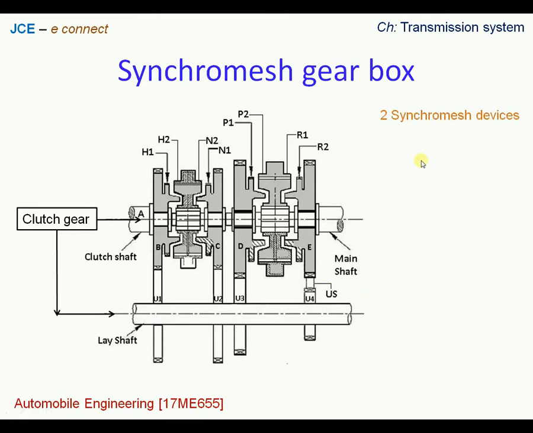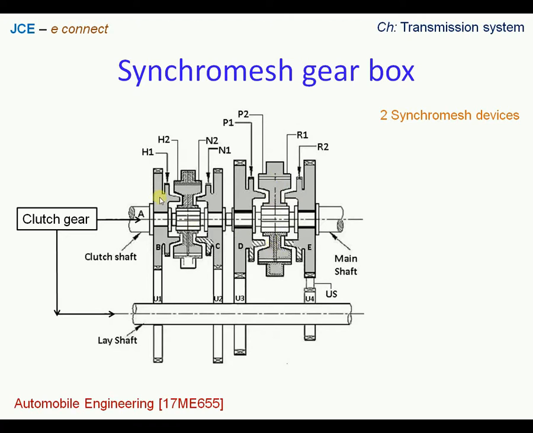Further, we see that there are two Synchromesh devices in this mechanism. The pointer is showing a Synchromesh device. We have one here and the other one is shown here.